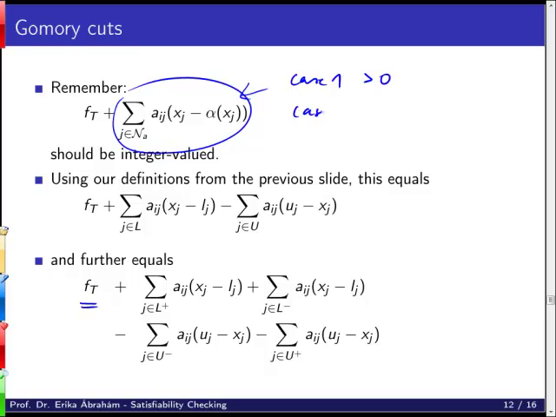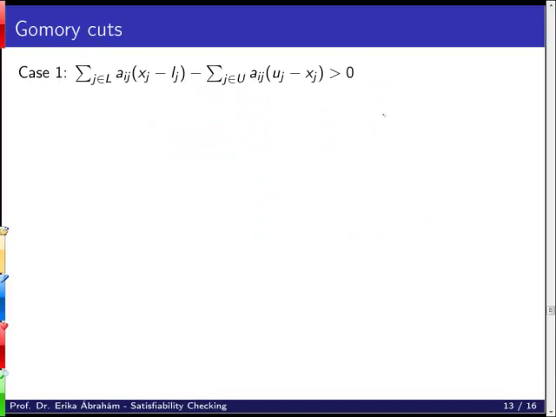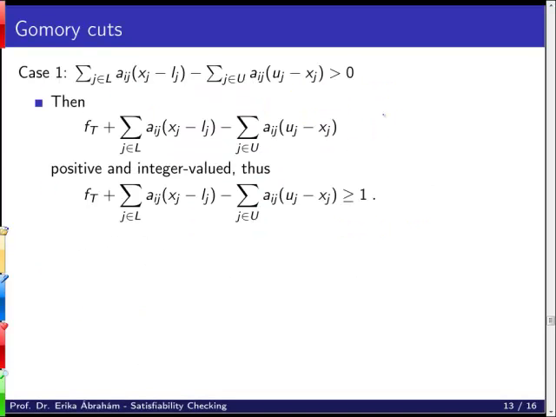And in case 2, I will assume that it is less or equal to 0. So if this sum is larger than 0, or perhaps it would have been even easier to assume that ft plus this sum is larger than 0. If it is larger than 0, since I know that the value is an integer, this will also be larger or equal to 1.